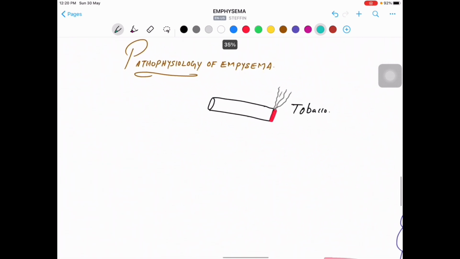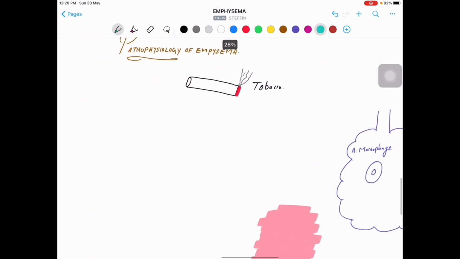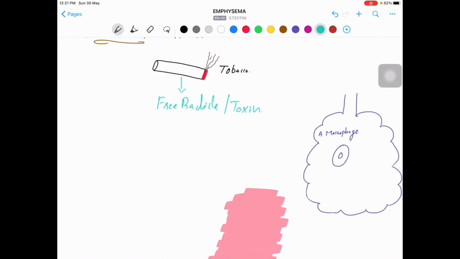Firstly, while we are smoking, there is a release of toxins and free radicals. These free radicals and toxins can activate the alveolar macrophage.